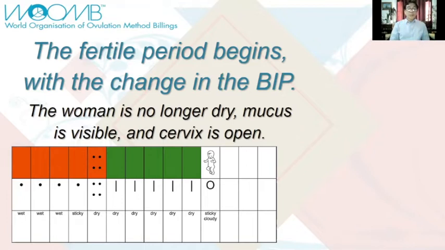You will notice that the BIP starts during dry spotting, and then followed by the green color, that is the color for the BIP, dry, and then the vertical line is the symbol for the BIP, dry. The moment you are no longer dry and you can already see the presence of the mucus, it means that is the beginning of your fertile period.